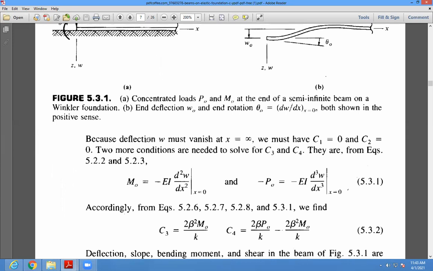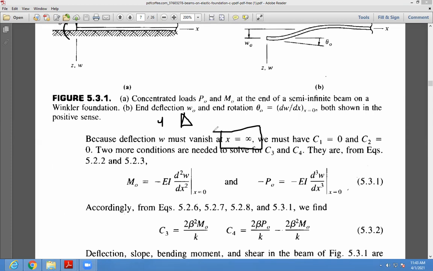Now, the deflection W, or Y, or delta, must vanish at x equal to infinity, as x goes from 0 to infinity.